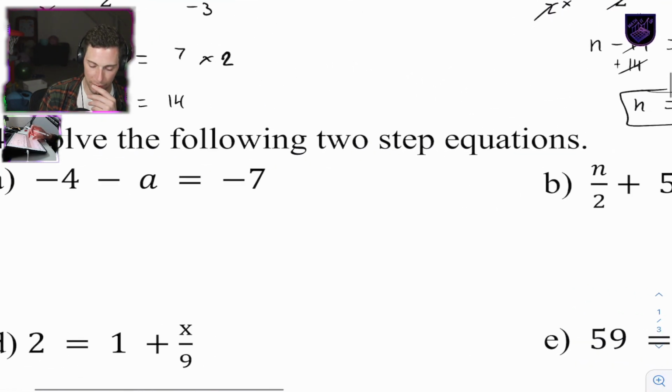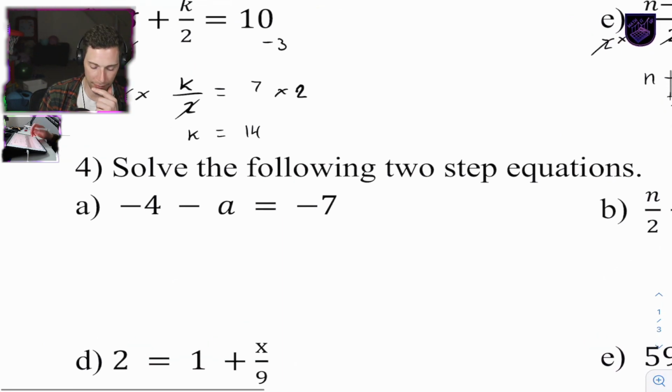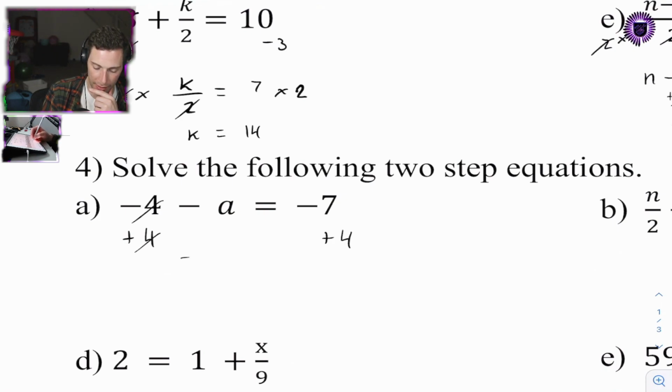Solve the following two-step equations. Now, all right, negative 4, add 4, add 4, both sides. Negative a is equal to negative 3. What I would do here is divide both sides by negative 1.